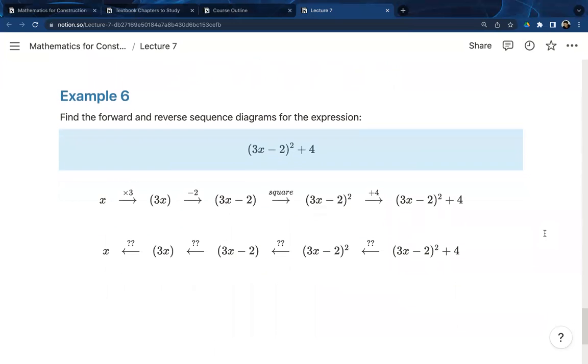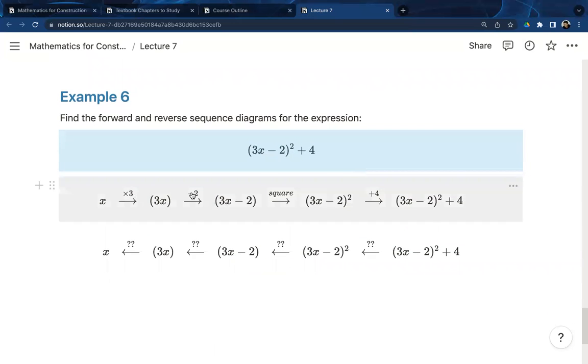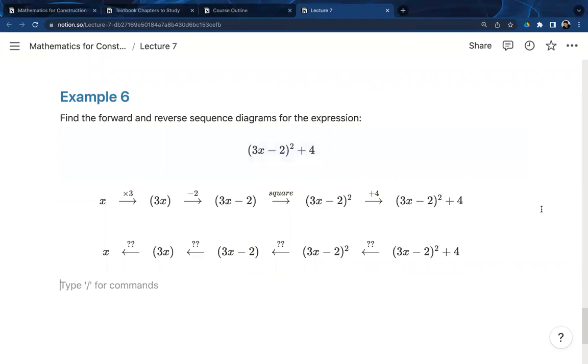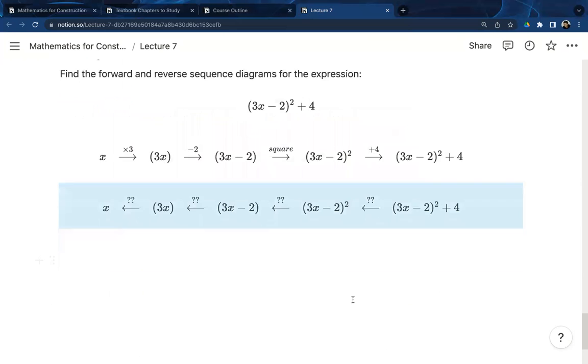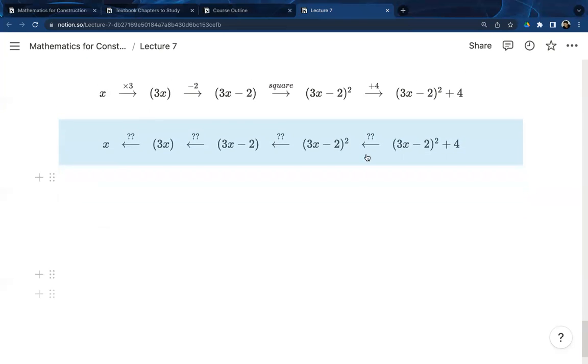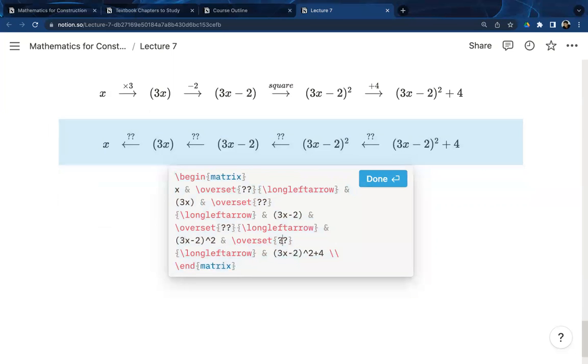For example 6 now, we got this forward sequence diagram from before. Now we just need to reverse it. So you copy the diagram, change your arrows, and start from the right. What is the reversal of plus 4? Minus 4 is the reversal. What is the reversal of square?